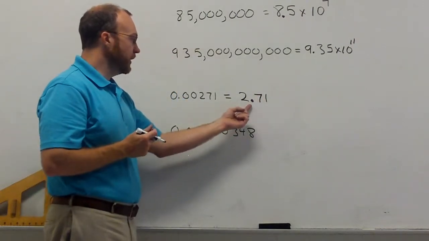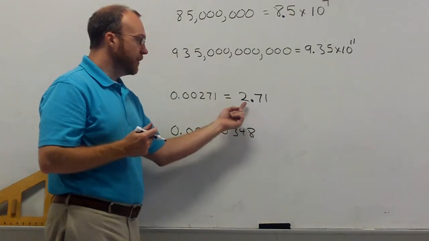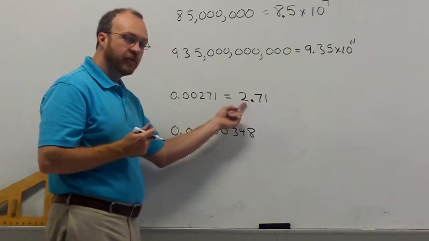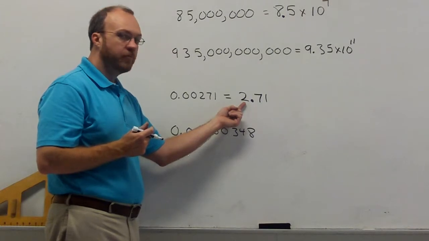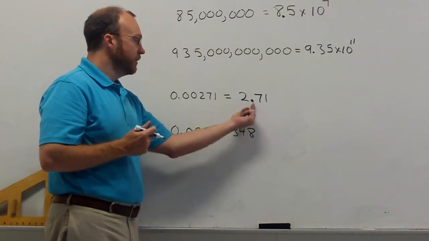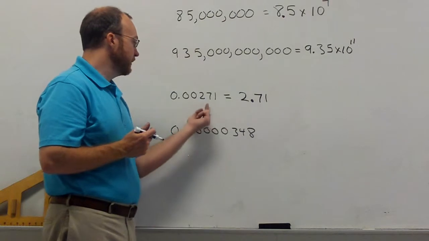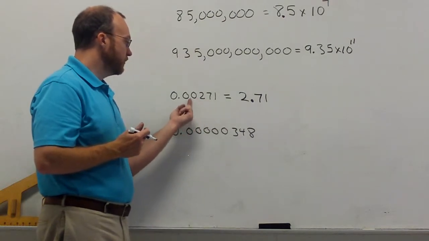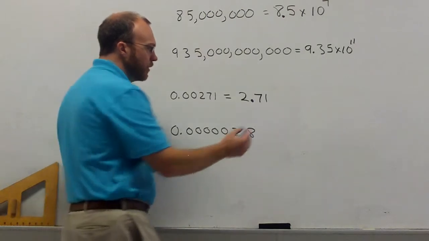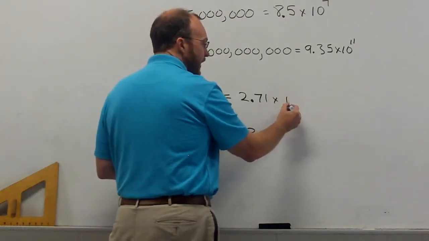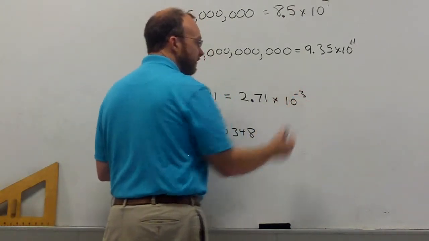Now, again, we want to make these equal. To make this equal to that, we need to make this number smaller. We can make it smaller by dividing by 10. So we can divide by 10 1, 2, 3 times. Now, the way we write that is we write 10 to the negative third.